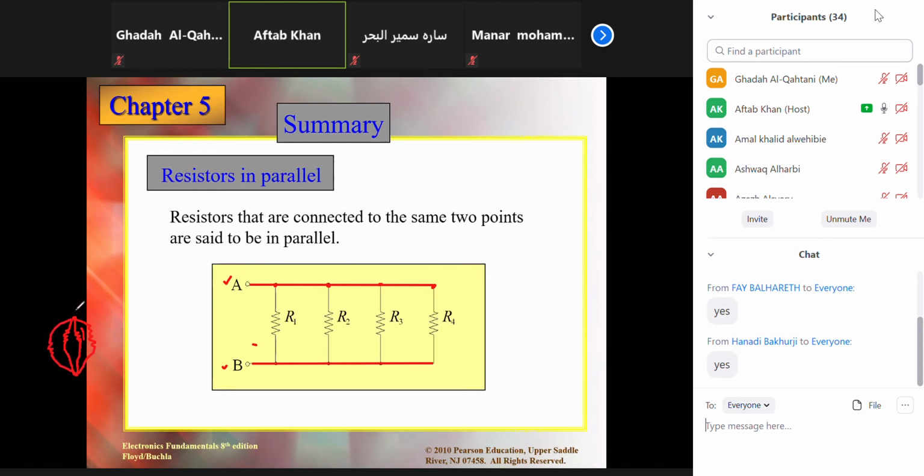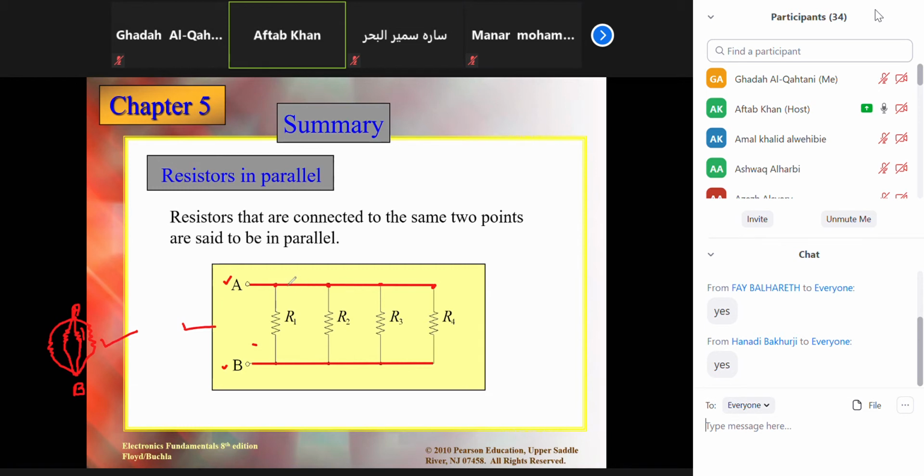All are connected. Let's suppose this is point A, this is point B. So what is the logic here? They are connected between 2 points A and B. This is the point. So this picture is exactly the same as this picture.